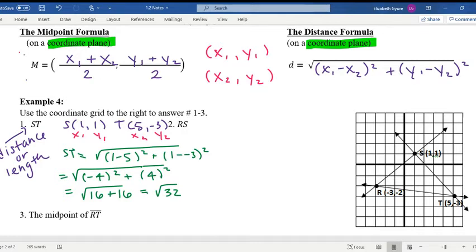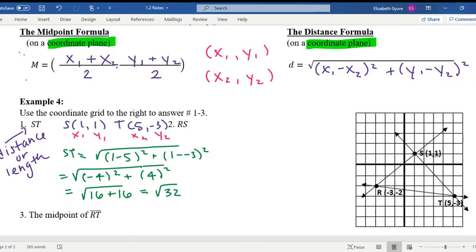So for 32, what I like to do, you can either make a factor tree, or just think of the biggest perfect square that goes into 32. Your perfect squares are 4, 9, 16, 25, 36, etc. Well, the biggest perfect square that goes into 32 evenly is 16.